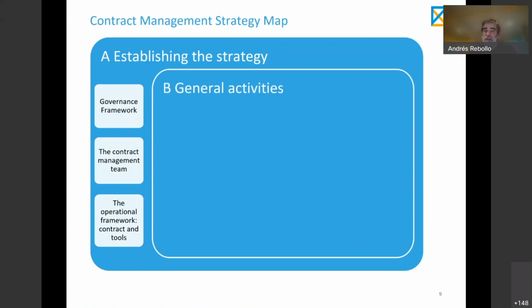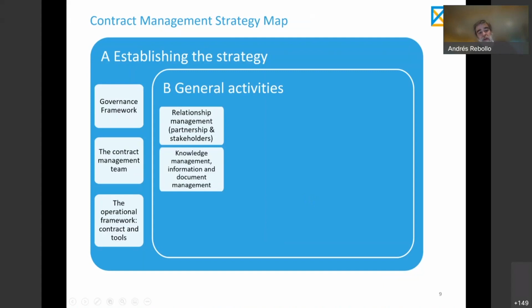There is a second layer out of these three layers, which is the general activities. And we talk in our methodology about one set of activities, one group, one level of tasks, which is relationship management. We talk about the partnership management, managing the relationship with the private party, and managing the stakeholders.